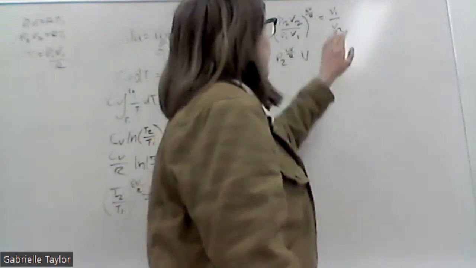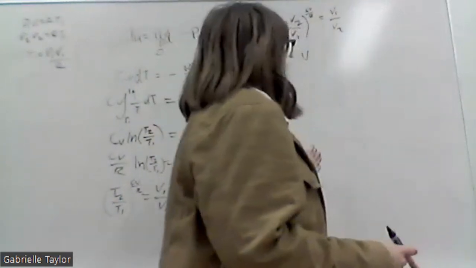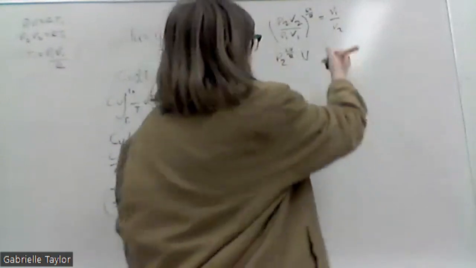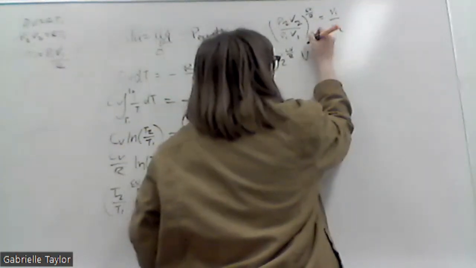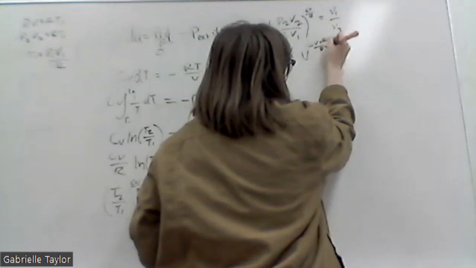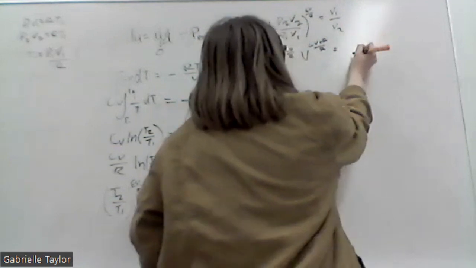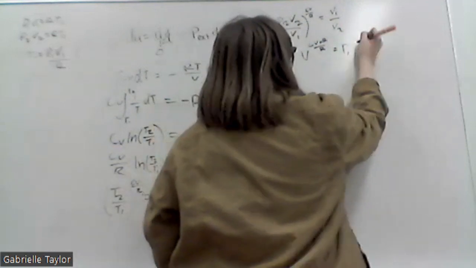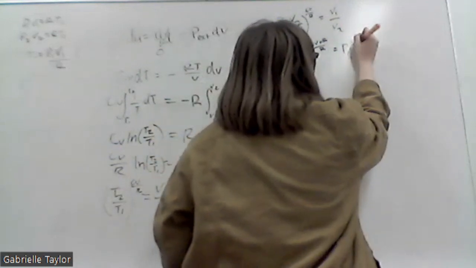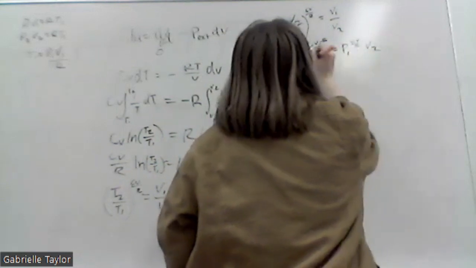Then we have an R, so we're going to multiply the 1 times the R, so that's going to be just Cv plus R over R. And this is going to equal our pressure, P1, times V1 over V2 to the Cv over R. And this is going to be volume 2.